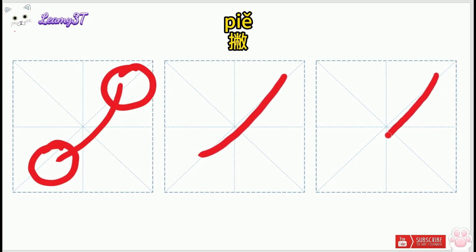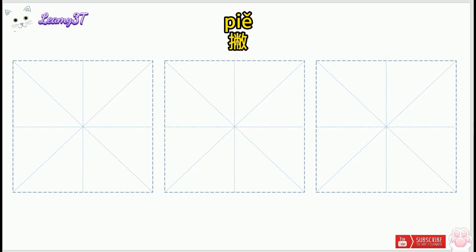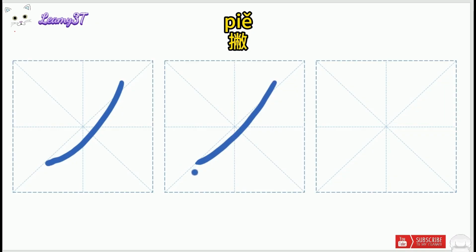Again, say pie. Good, good. It's like drawing a curve with a little bit bend. One more time. Pie. Pie. Make sure you do not add a hook at the end. If you do, it's wrong.